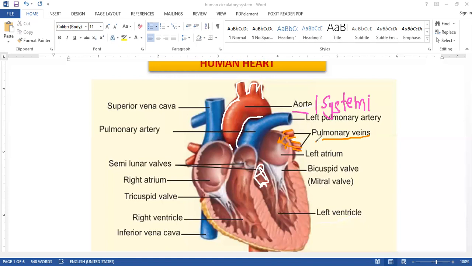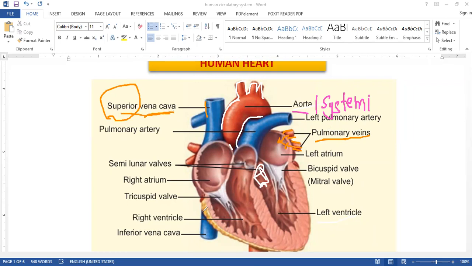And also, there are two vena cavae. The one which collects the blood from the upper body is called the superior vena cava, which in Tamil is மேற்பெருநாளம்.